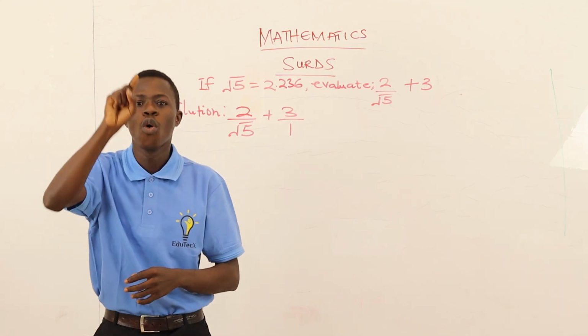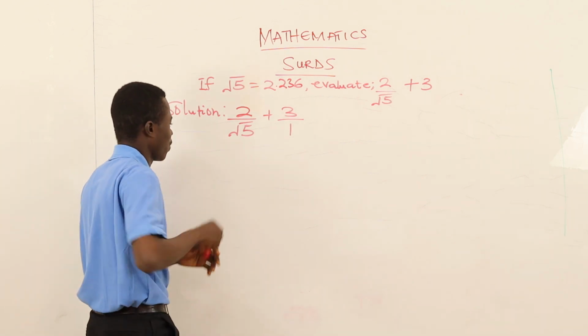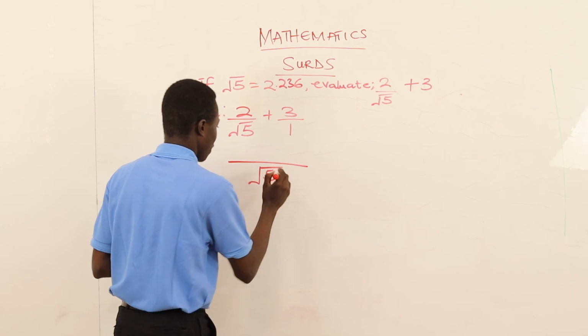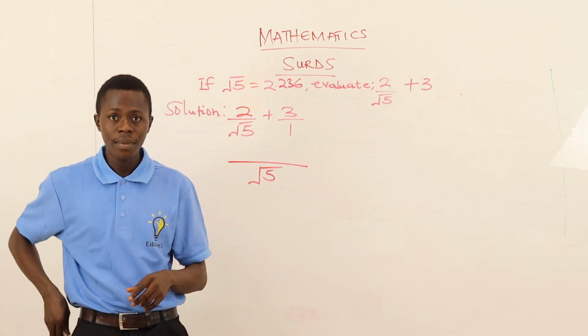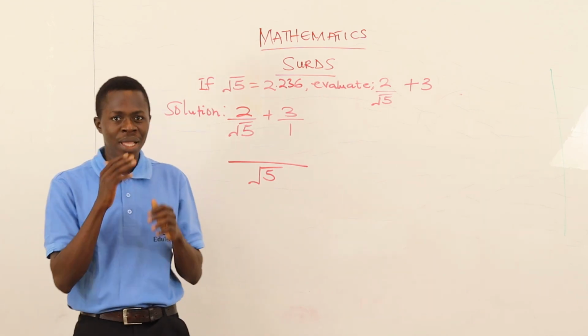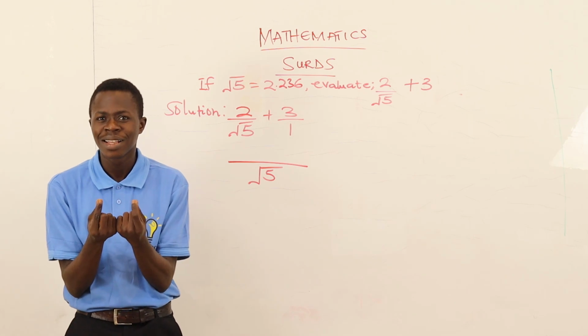So when we multiply square root of 5 by 1, what do we get? We get square root of 5. So let's continue with that. So we now have square root of 5 as our LCM, just like we discussed in the previous video.